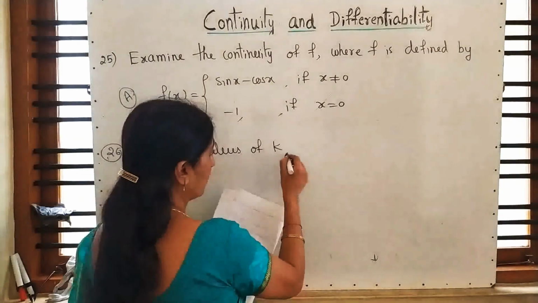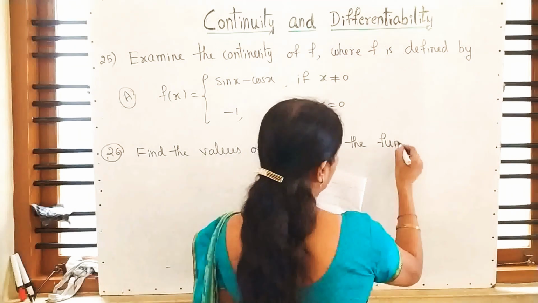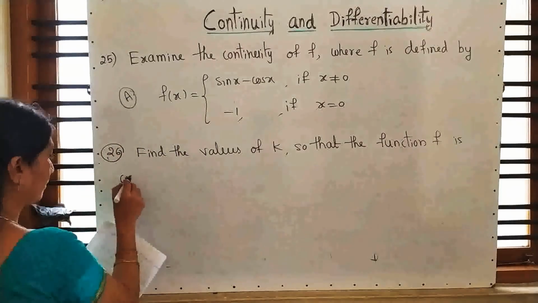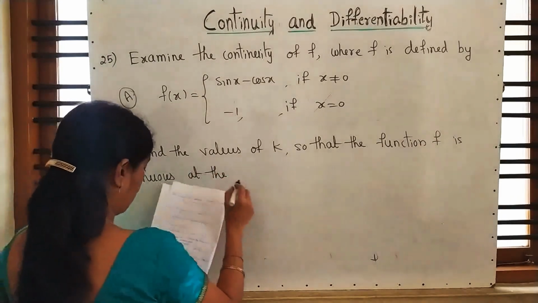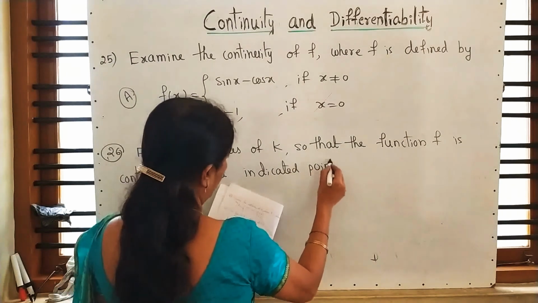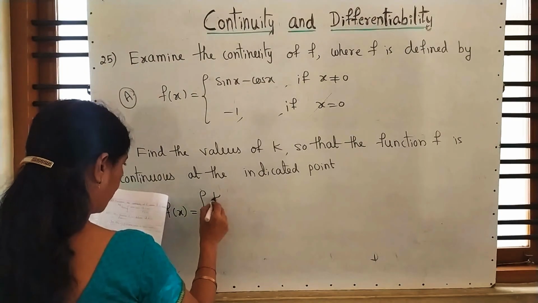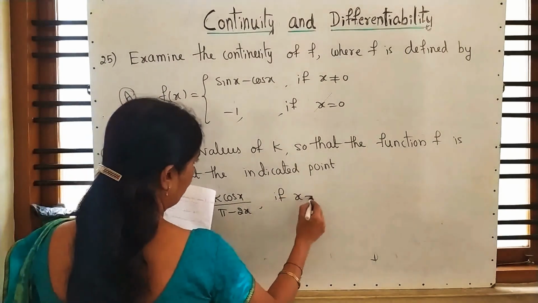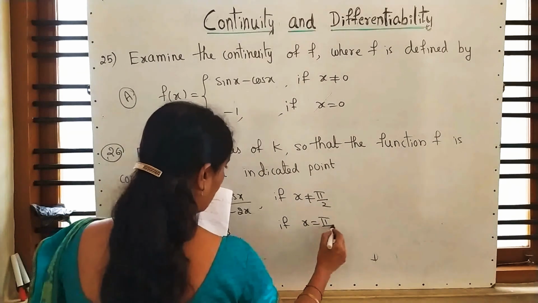Values of k so that the function f is continuous at the indicated points. f of x is equal to k into cos x upon pi minus 2x if x is not equal to pi by 2, and 3 if x is equal to pi by 2.